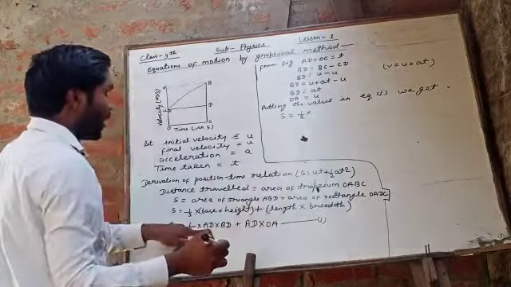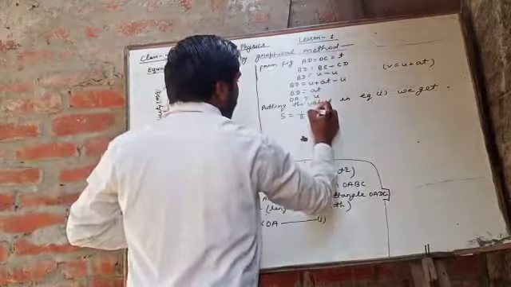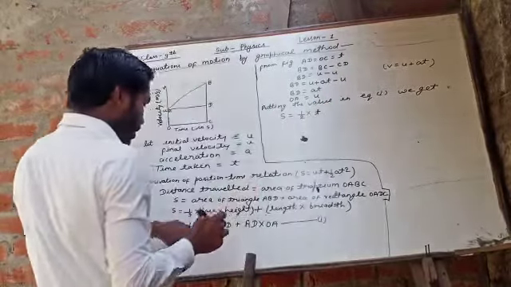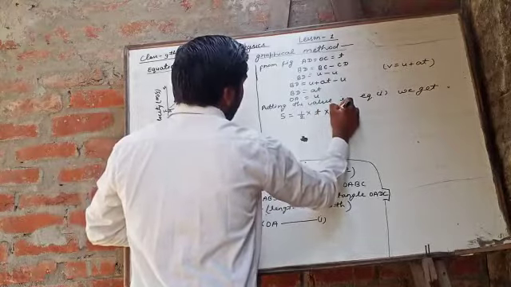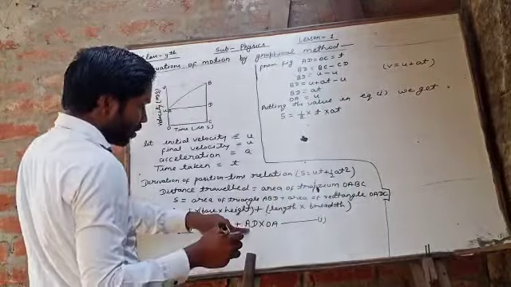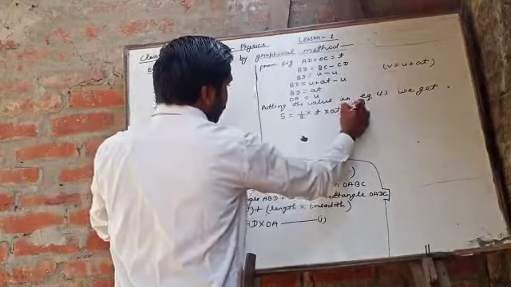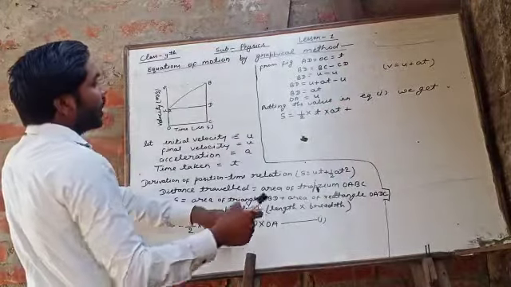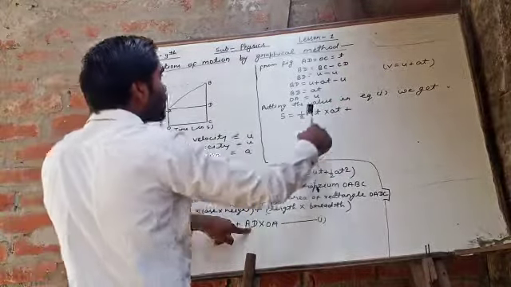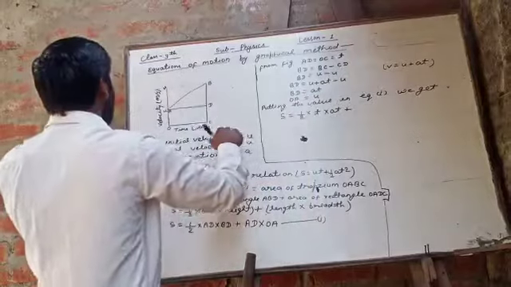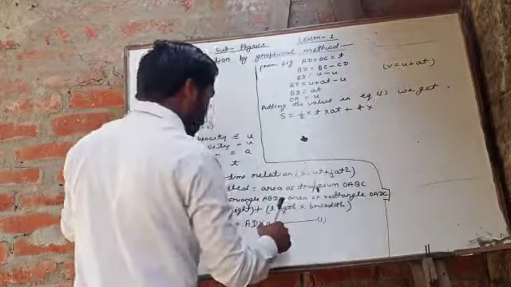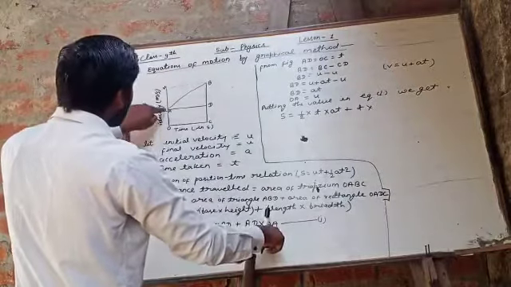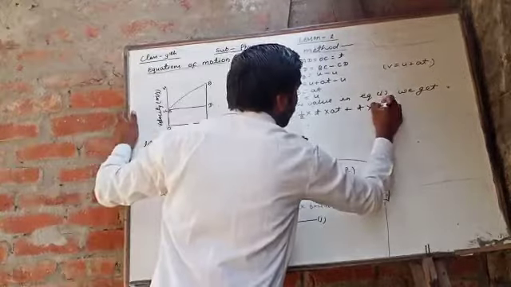In place of AD, it is T. In place of BD, it is AT. And here it is plus. And after that, AD means time T, and OA, OA is U.